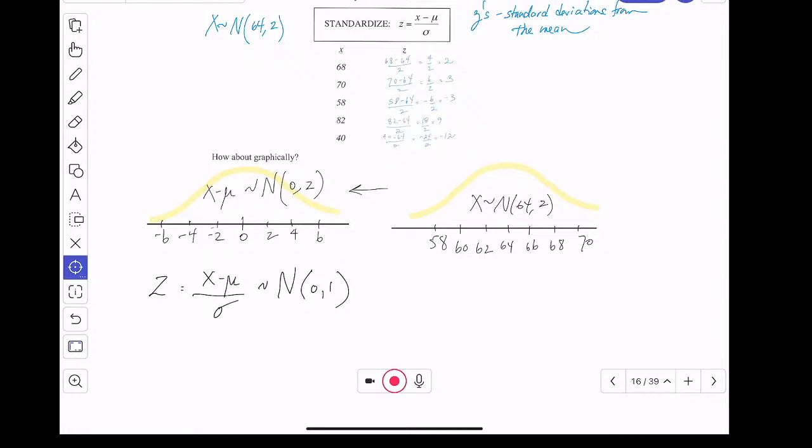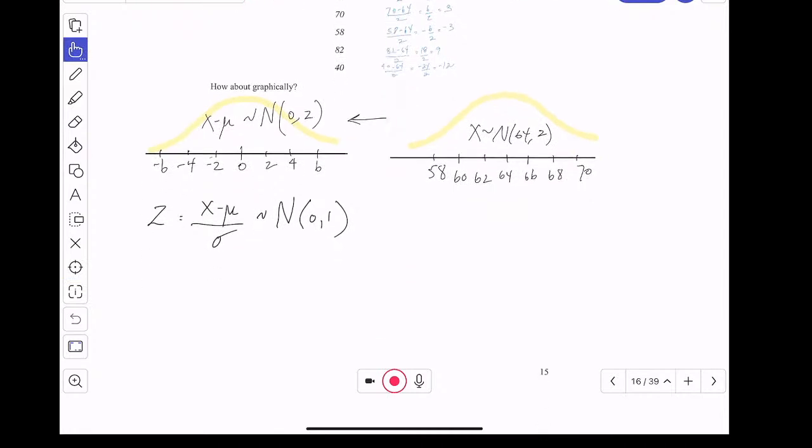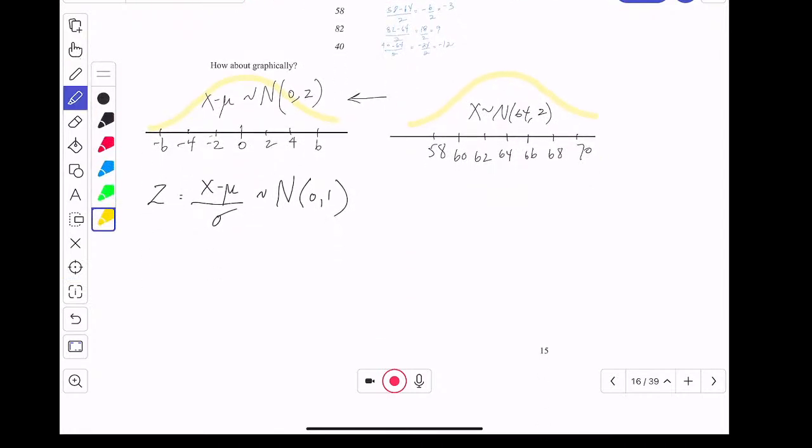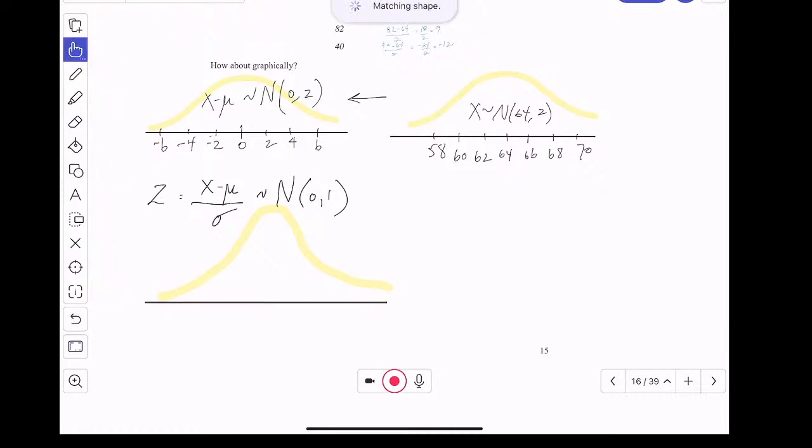So this will be more narrow now. And if it's normal, the peak has to go up. Okay. So it's a tighter distribution anyway, relatively speaking. And this would be z.